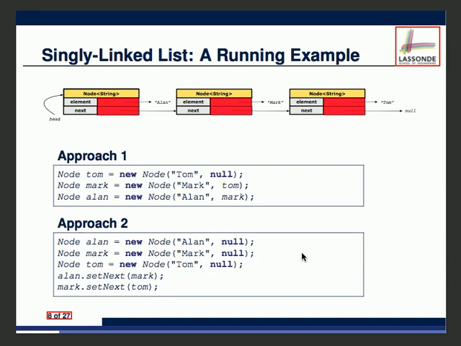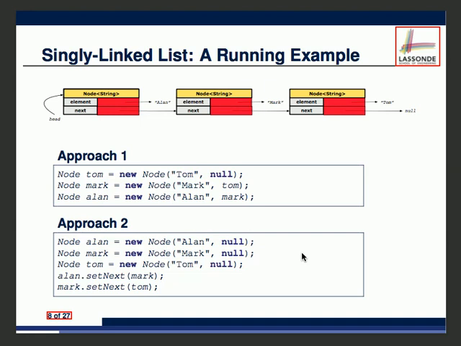Can we declare objects like node Alan, new node Alan, new node Mark? Don't do that. Okay, but you see the point, right? That would not even compile, right? Okay, guys, do you see that? Do you see why it doesn't compile? You have to declare something before you can use it. Mark was declared after it was used. So that would not even compile.